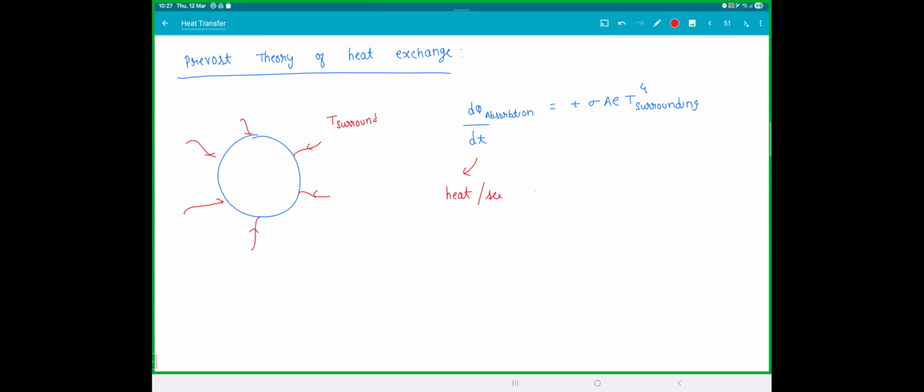So this is heat per second absorbed from the surrounding in the form of radiation, independent of the temperature of the body.